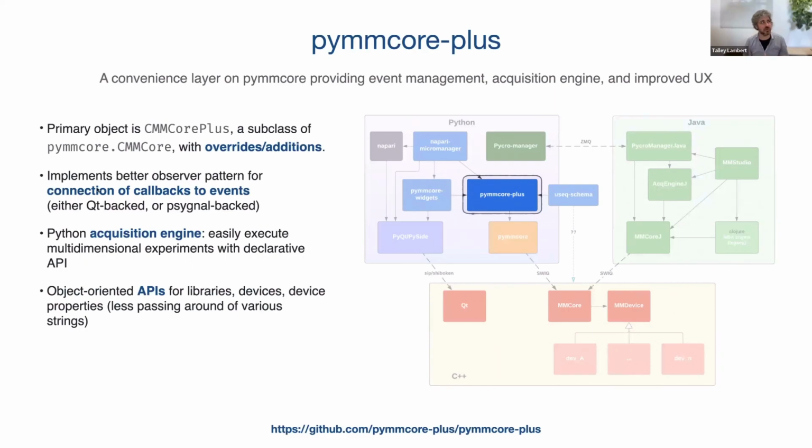So if you want to spy on the state of the microscope, the core object, and then call functions in response to various events, it implements a more familiar pattern for that, either using Qt or Signal, another library for the observer pattern, which is something like connect my callback, and then when that thing happens, your callback gets called.